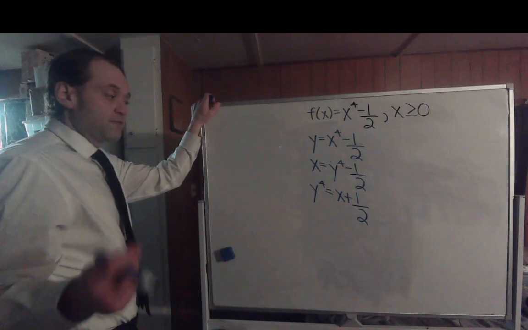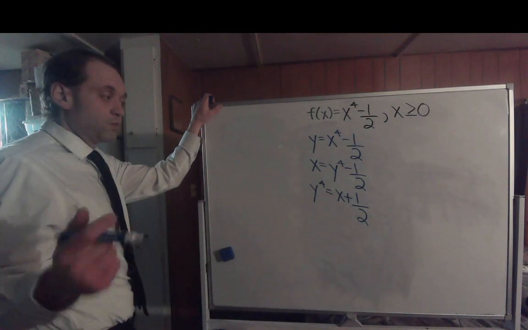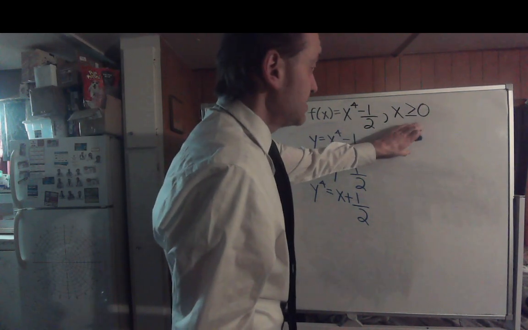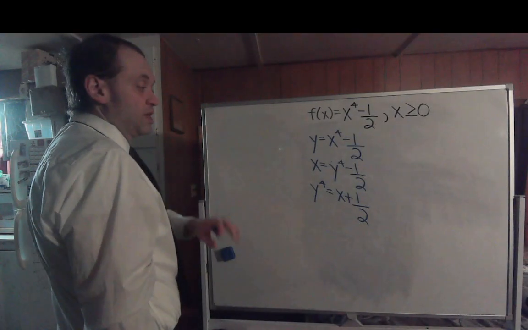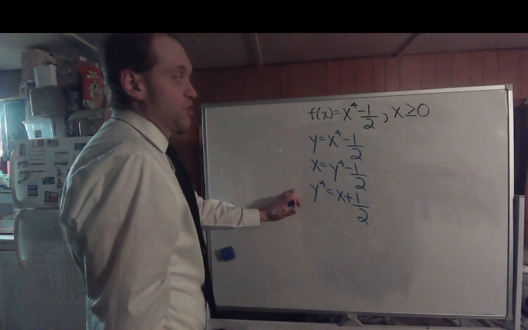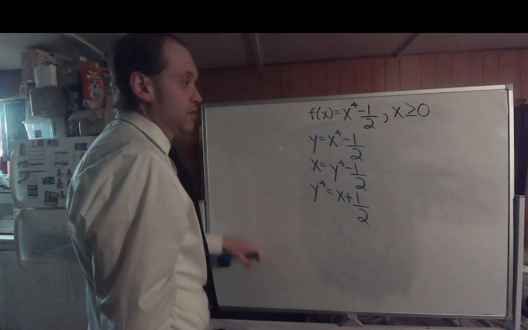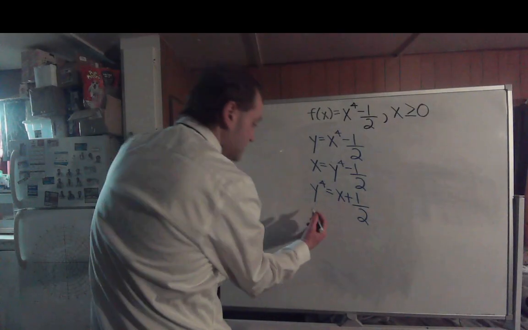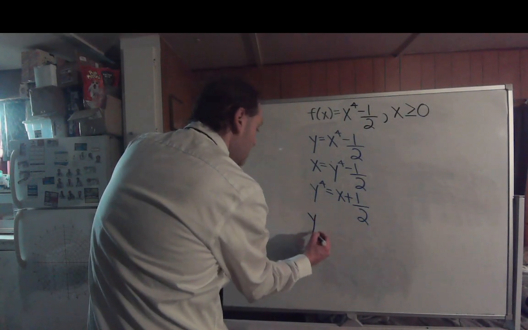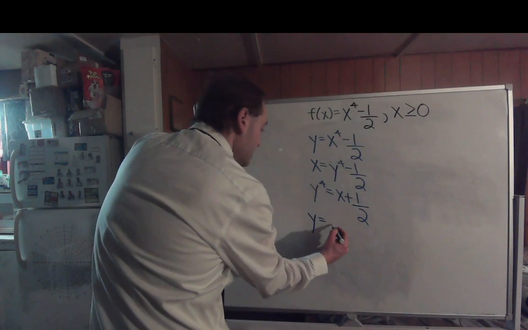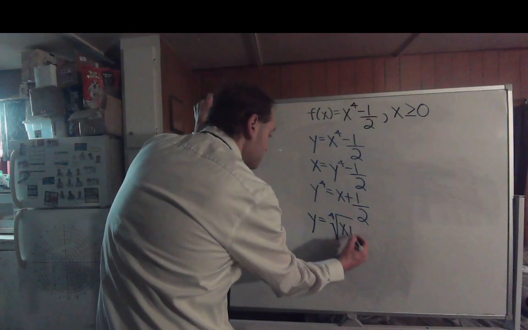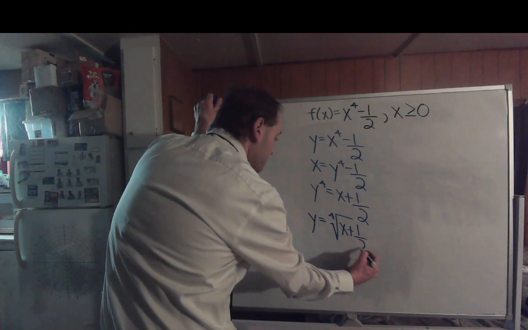Now we've got to take the fourth root of both sides to solve for y. Since the domain being x is greater than or equal to 0, that means the range of the new function will be greater than or equal to 0, which also means that we're going to take the positive fourth root of the right side. So that means y is going to equal the fourth root of x plus 1/2.